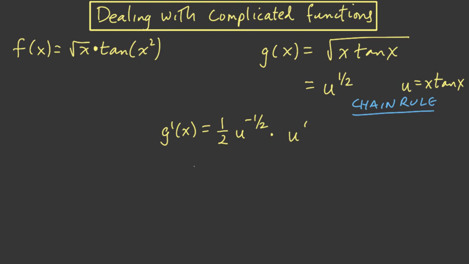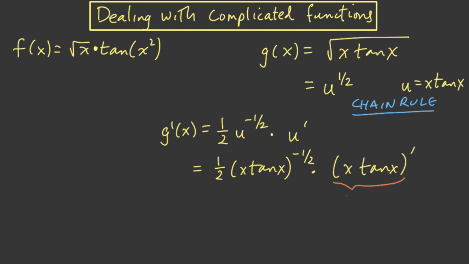So putting everything back in terms of x, this is 1/2 times the quantity x tangent x to the minus 1/2. And then we need the derivative of x tangent x. And for that, we need the product rule to differentiate.